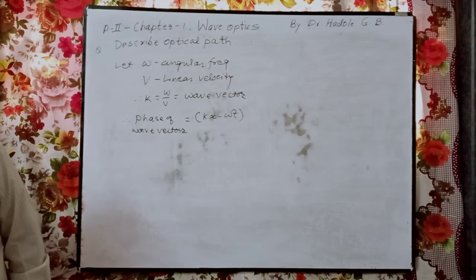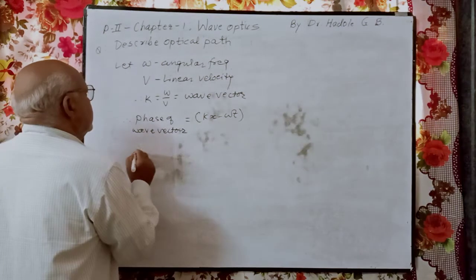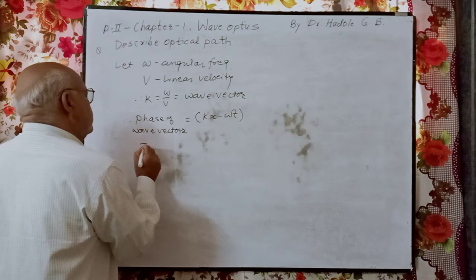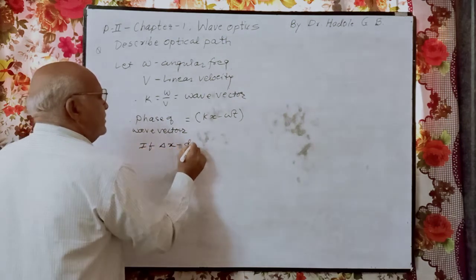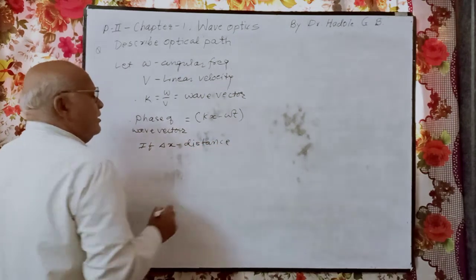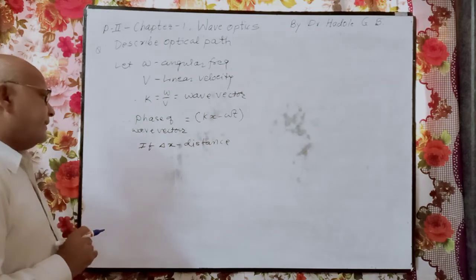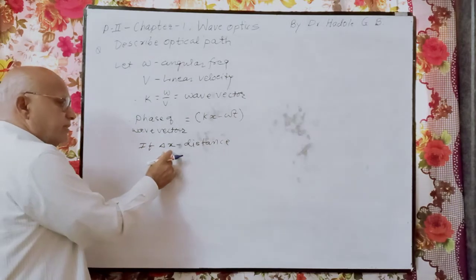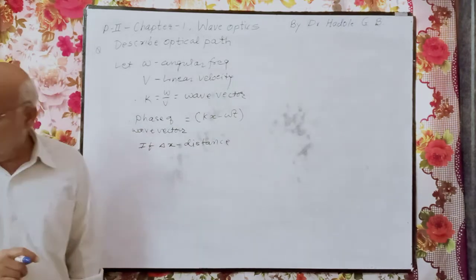Next, if the light wave travels the distance delta x, delta x is the distance. We have said that the light wave is traveling along the x-axis, and along the x-axis it travels a very small distance delta x.